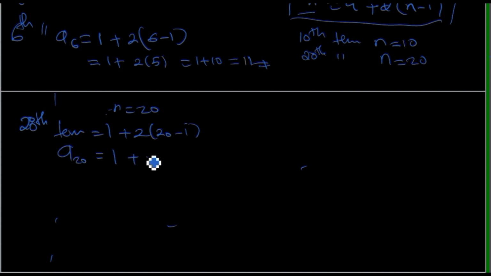That gives you 19. Add 2 into 19. And 2 times 19 is 38. So we have 1 plus 38. That gives you the 20th term equals 39. This is how you solve such a question. And in simple terms, this is all about an arithmetic progression.